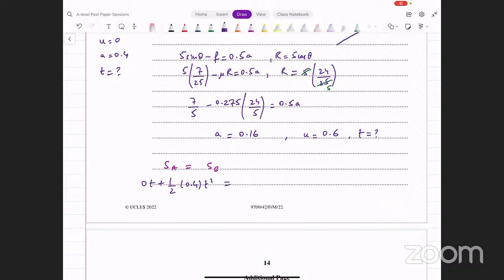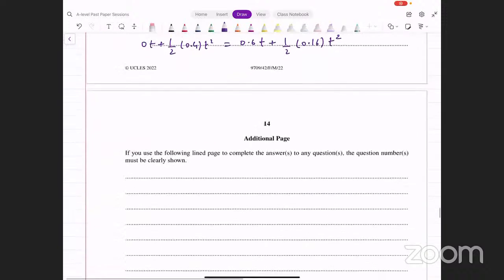On the right side we've got displacement of b, which is 0.6 into t plus half into 0.16 into t square. We'll solve this equation, we'll get the value of t from this.